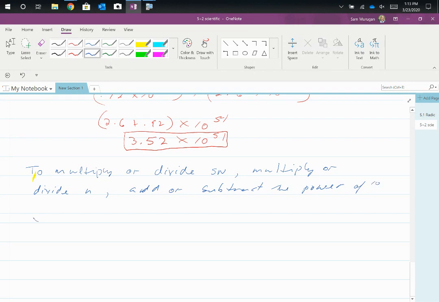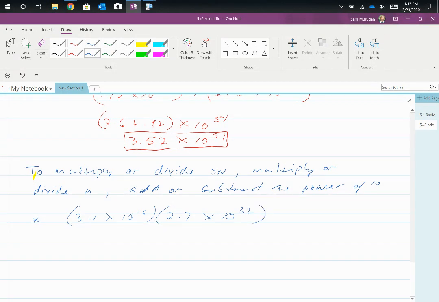For example, if I have 3.1 times 10 to the power 16 times 2.7 times 10 to the power 32.